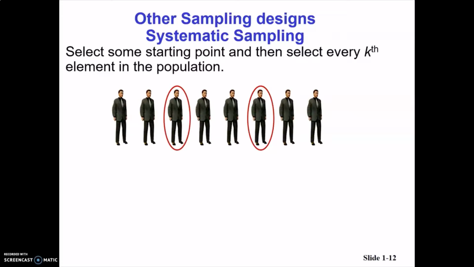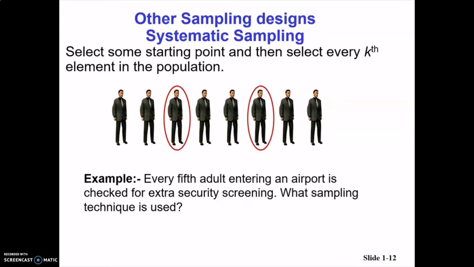So such a sampling technique is called systematic sampling, in which we select a sample by randomly selecting a starting point, and we skip a certain number of items or individuals, and then select the next one. So let's take an example. For example, every fifth adult entering an airport is checked for extra security screening.